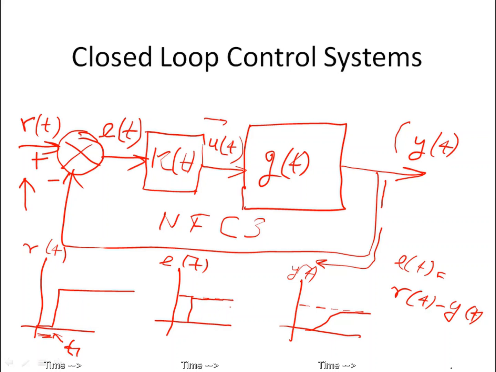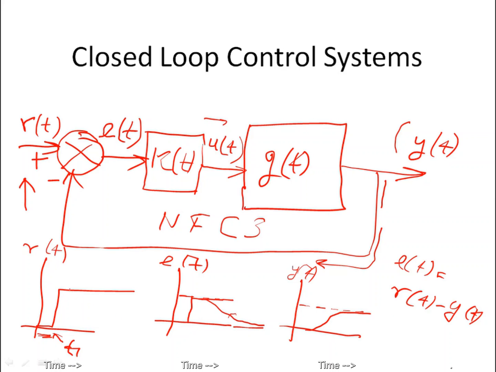And once it reaches a final value, the error signal will gradually reduce and become 0 in the ideal case. The error signal, at any point, is the difference between the reference input and the output.